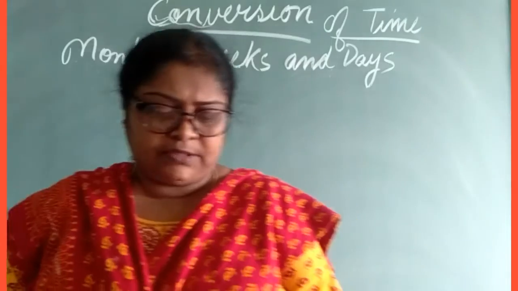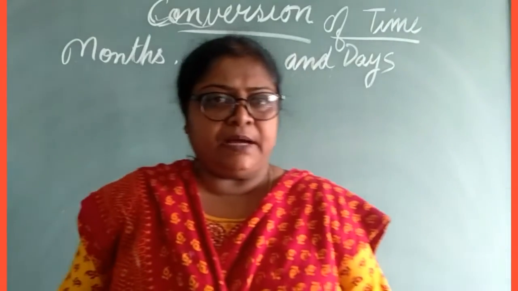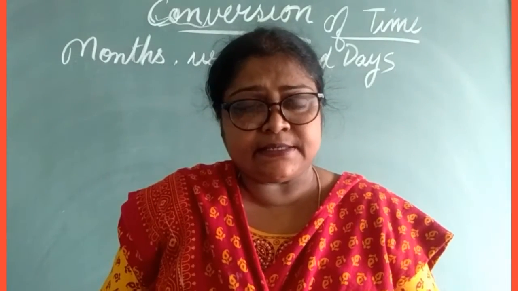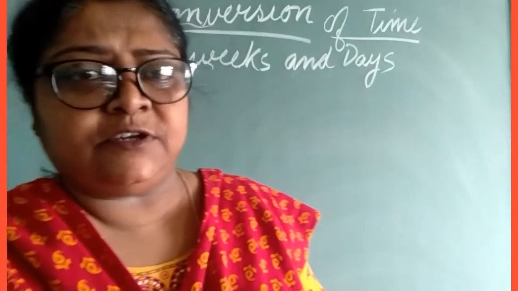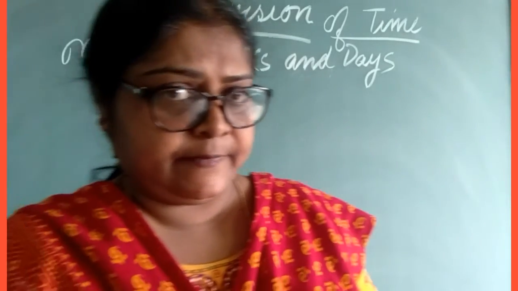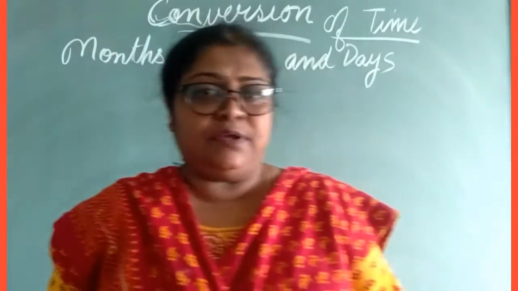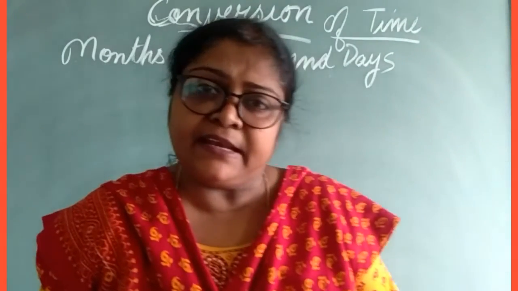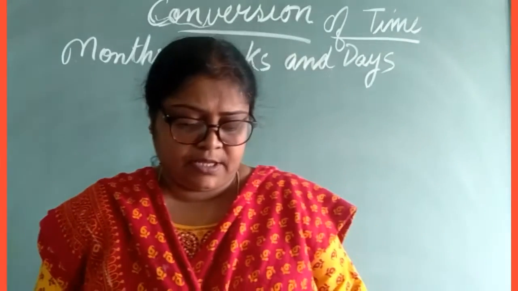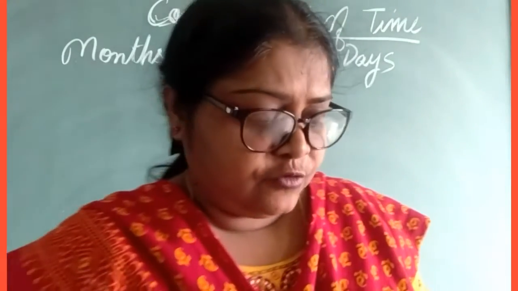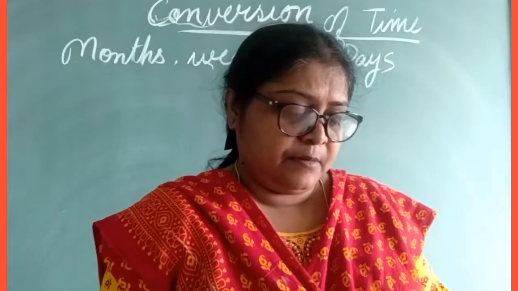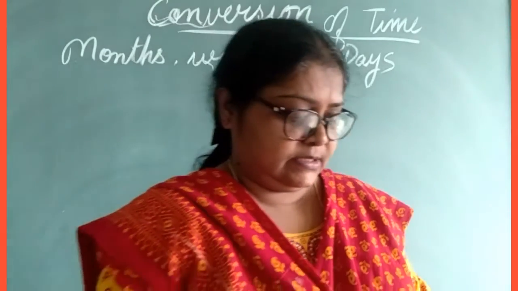So as you know, 1 month equal to how many days? 1 month equal to 30 days. And 1 week equal to how many days? 1 week equal to 7 days. So you have to convert month into days.